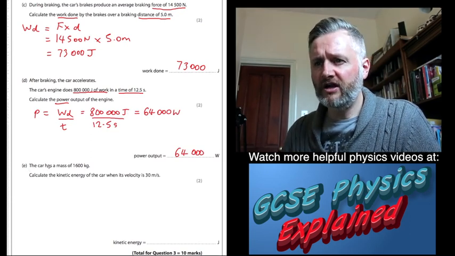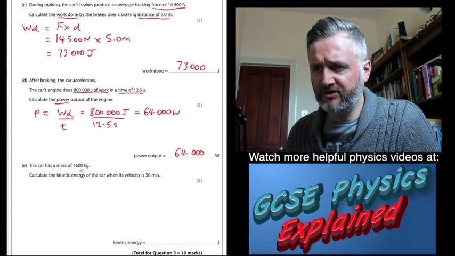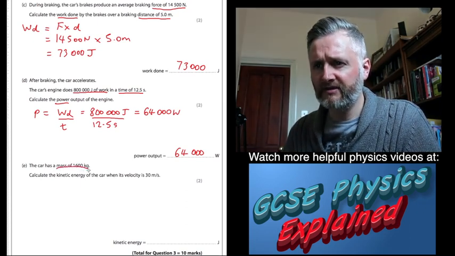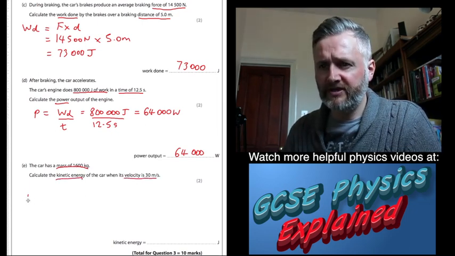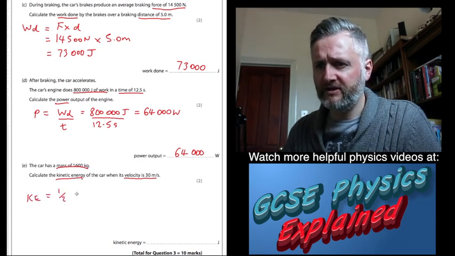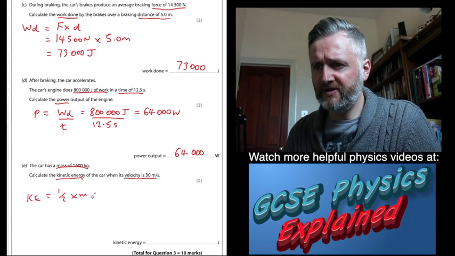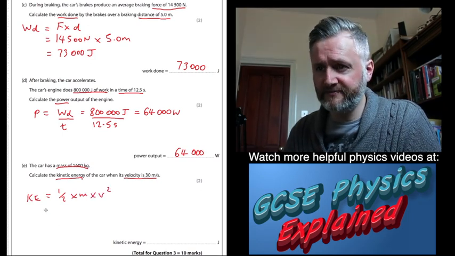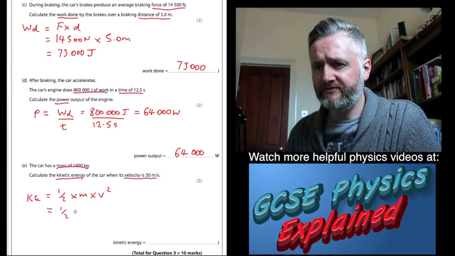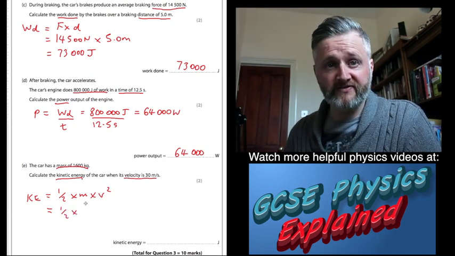E. The car has a mass of 1,600 kilograms. Calculate the kinetic energy of the car when its velocity is that. So kinetic energy equals a half times by the mass times by the velocity squared. I've got a nice video on this on my channel, by the way, and I've got a nice video on power as well.